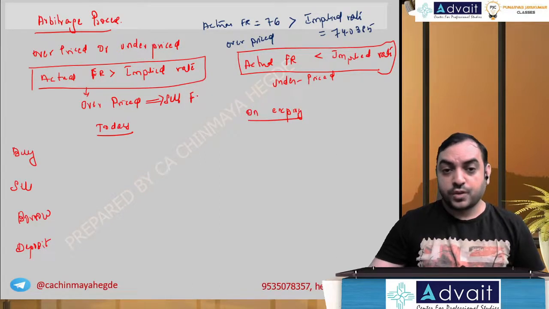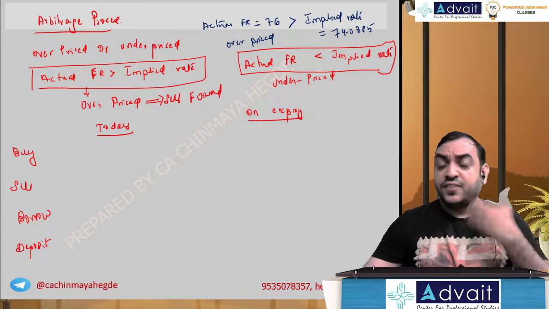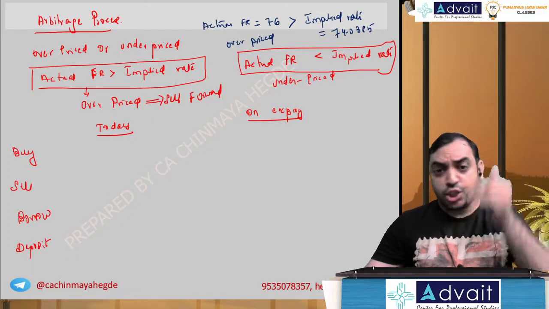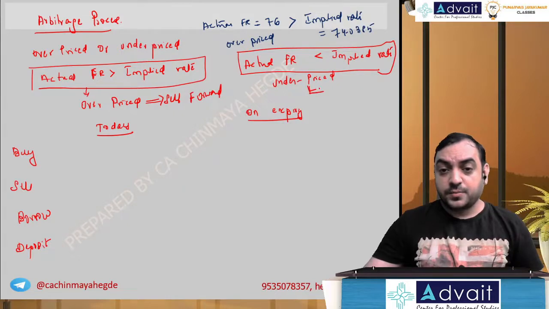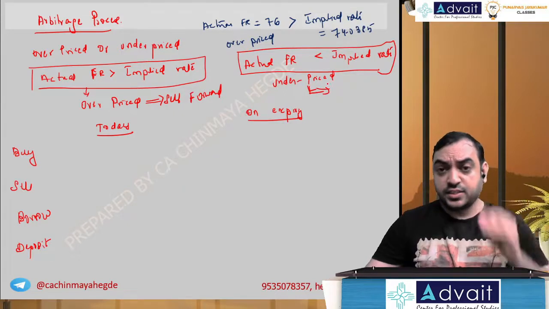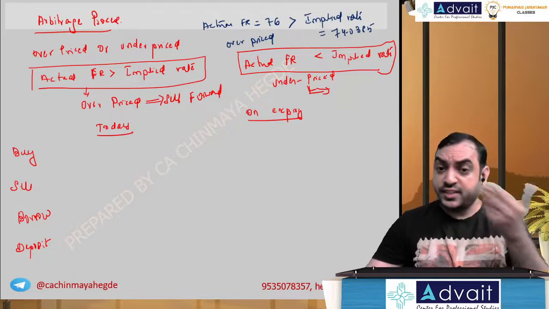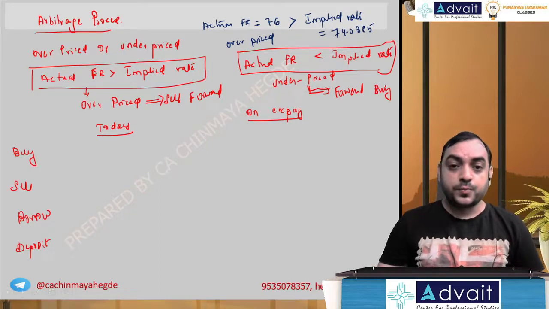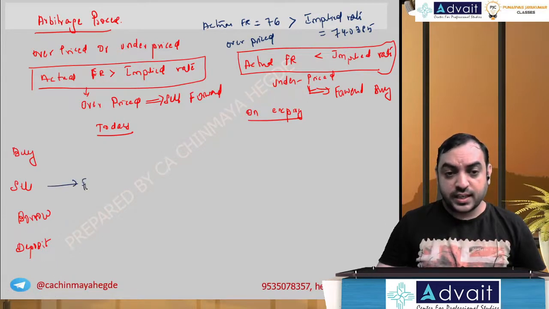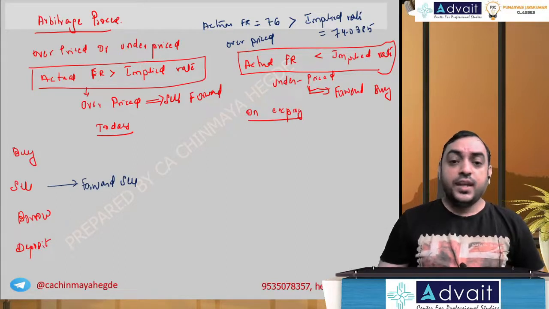And if it's underpriced, anything underpriced should be bought, and what should be bought here is the forward rate. Therefore, forward buy. Now here, like in this case, it's overpriced. Since it is overpriced, our transaction is going to be forward sell. Enter into forward sell.